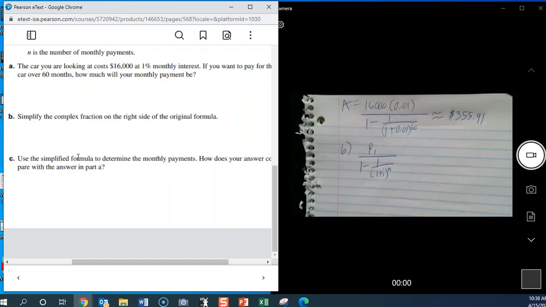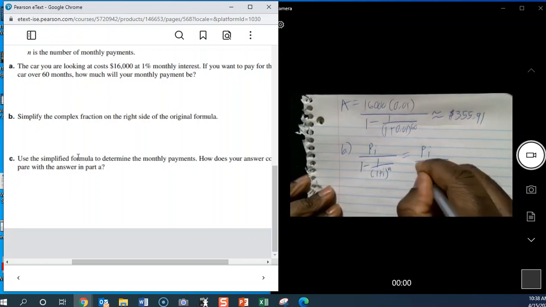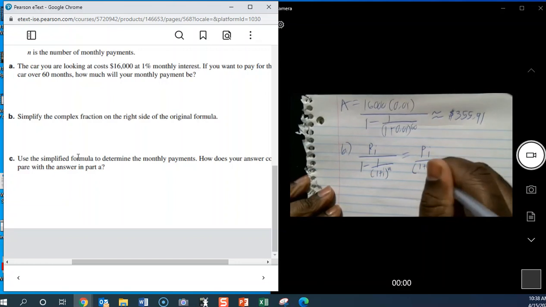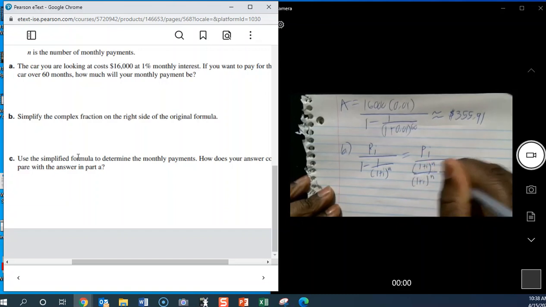Okay, so now we want to get rid of this complex fraction, but before we do that, we have to make sure we have a common denominator with this 1, and it's 1 over the 1 plus I to the n. So what we could do, we could change this to just be this 1 here. We can make this 1 plus I to the n over 1 plus I to the n minus 1 over 1 plus I to the n.